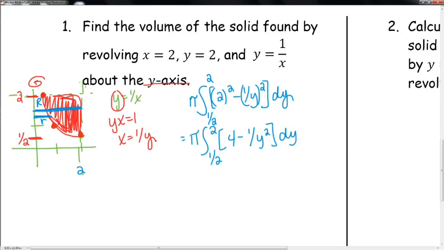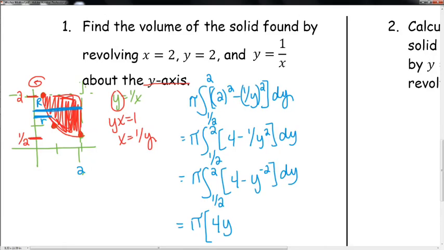Let's go ahead and move that y up so we can take the antiderivative. And so this becomes pi times 4y plus y to the negative 1. The reason why it becomes plus is if I divide by negative 1, a negative times a negative becomes positive. And evaluating that from 1/2 to 2.